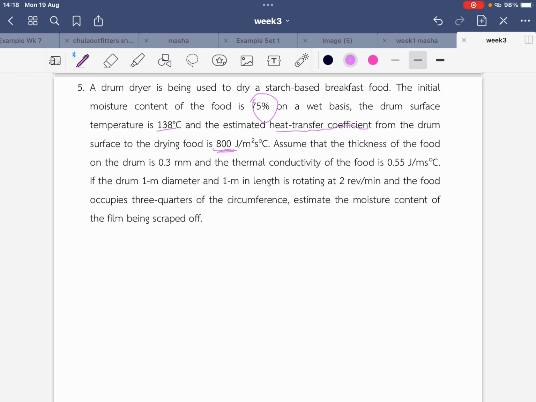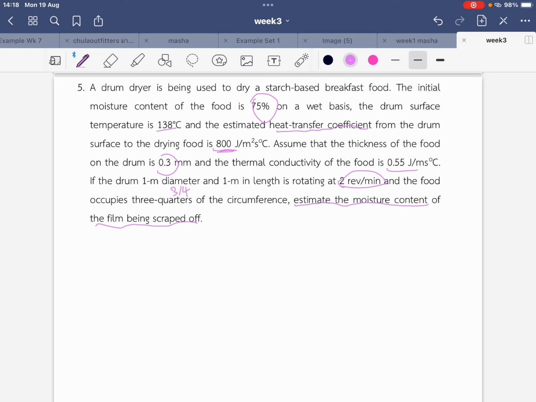Assume the thickness of food on the drum is 0.3 and the thermal conductivity is 0.55. If the drum is rotating 2 rev per minute and the food occupies 3/4 of the circumference, we need to estimate the moisture content of film being scraped off.